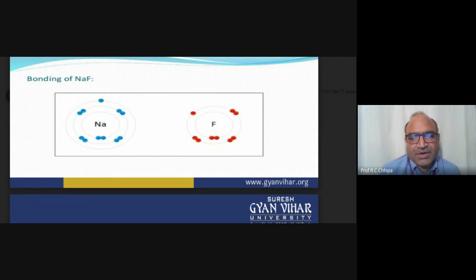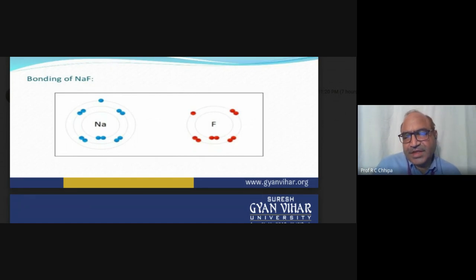When one electron is lost, sodium also has 2 and 8, so 10 electrons. In fluorine, the atomic number is 9, so it will take 1 more electron, the octet is completed, and the total number of electrons is 10.